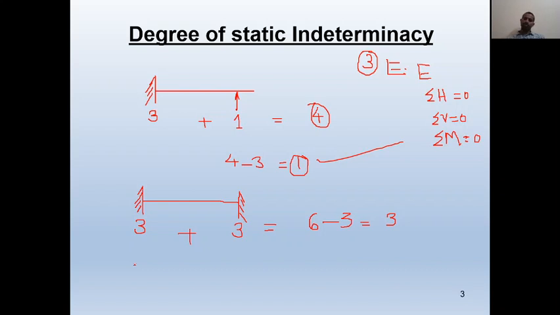A simply supported beam has two supports, the first one hinged and the second one roller. An overhang beam also has two supports, hinged and roller, with the other ends left free. A propped cantilever beam again has two supports, one fixed and one roller. And in a fixed beam, both ends are fixed.